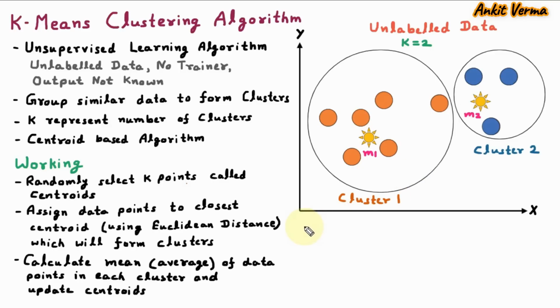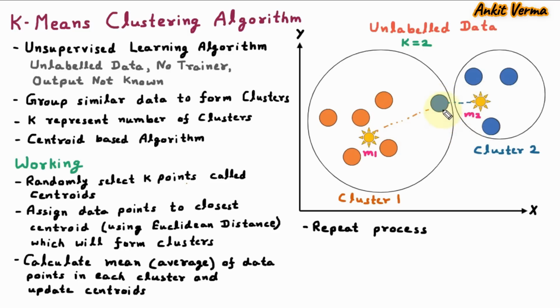In the next step, we have to repeat the process. Again, we have to assign data points to the closest new centroid using Euclidean distance. Just like this data point, we find the Euclidean distance with the M1 centroid and the M2 centroid. This data point is closest to M2.